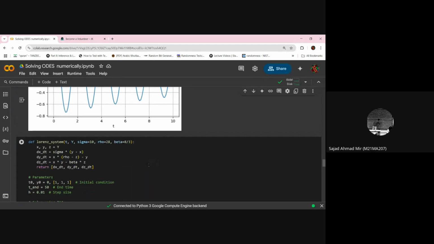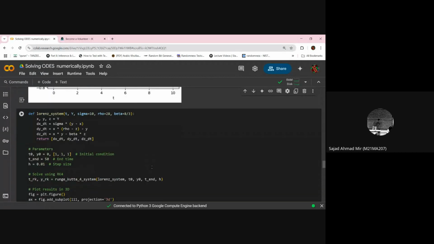There is a very famous dynamical system called the Lorenz system, or you may have heard about the butterfly effect. It is a system of three differential equations. This system gave rise to the study of dynamical systems, and it's very interesting. You should explore this.